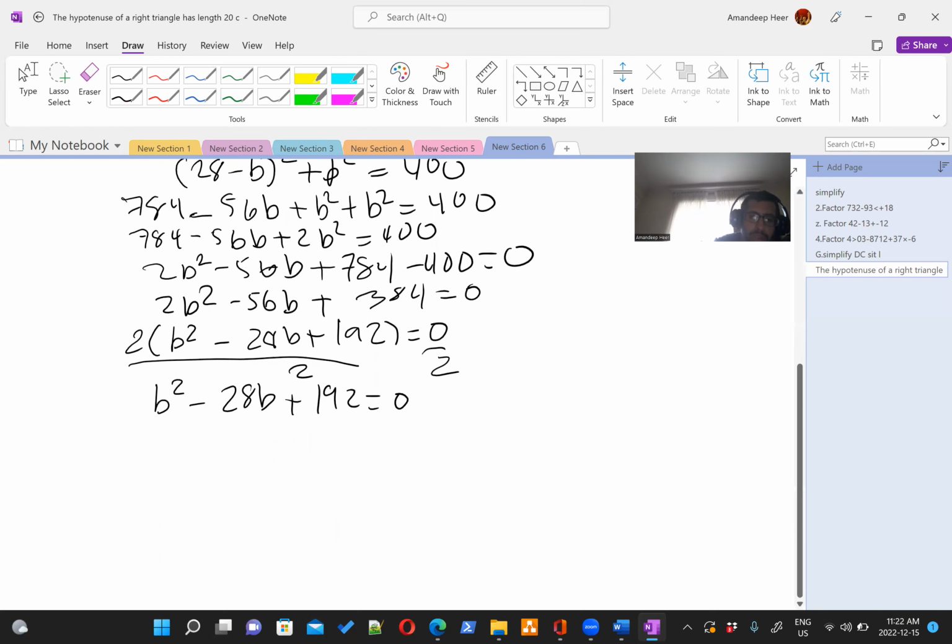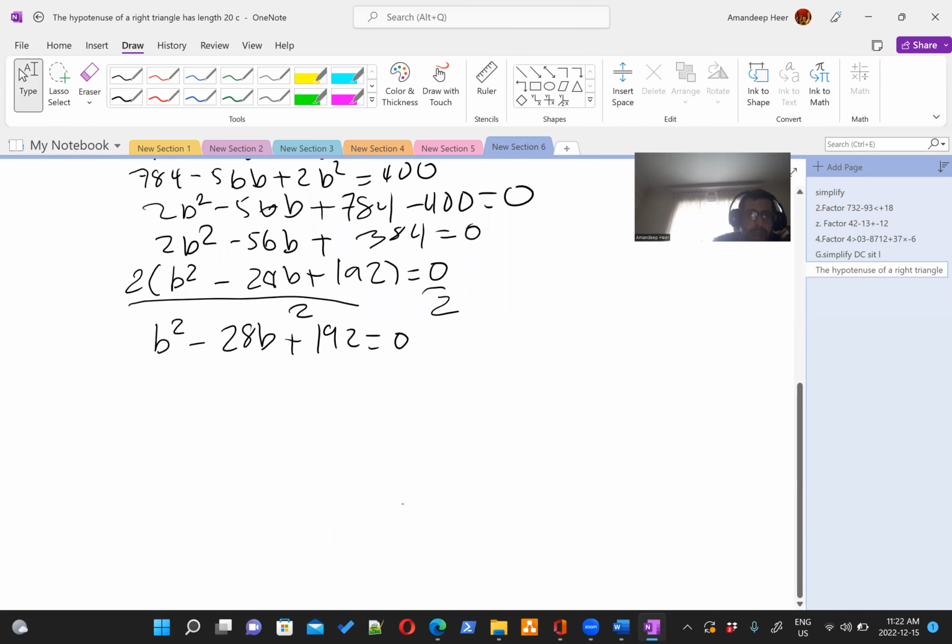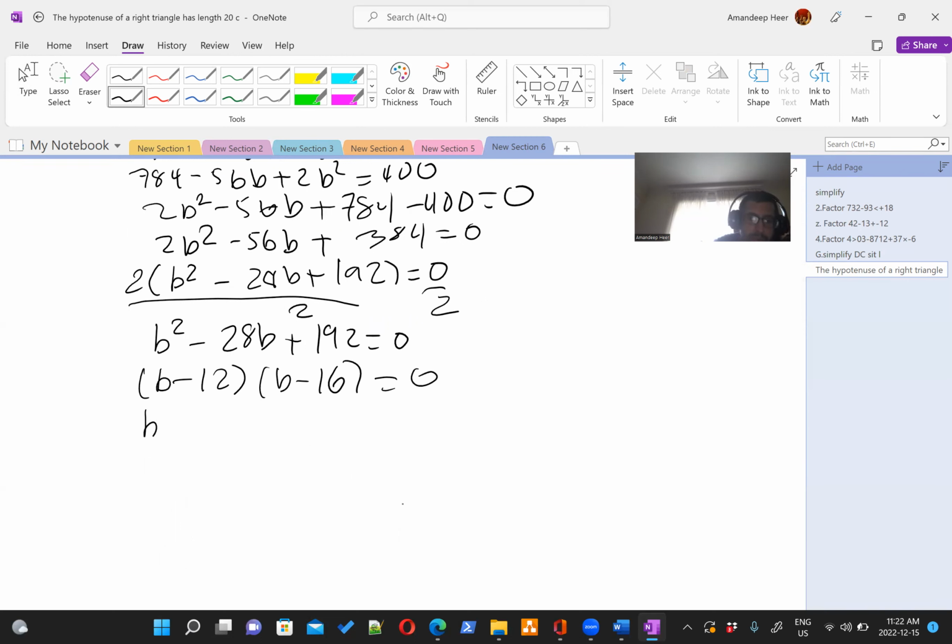Now, if you factor this trinomial, what are two numbers that multiply to give 192 and add up to negative 28? Those give (B minus 12) times (B minus 16) equals 0. If this product equals 0, then B minus 12 is 0, or B minus 16 equals 0. So B equals 12 and B equals 16.